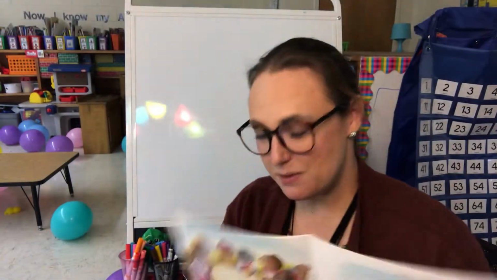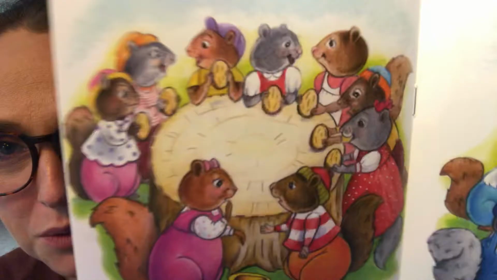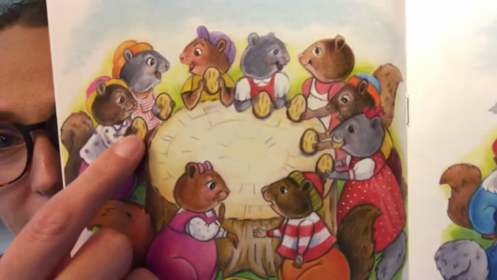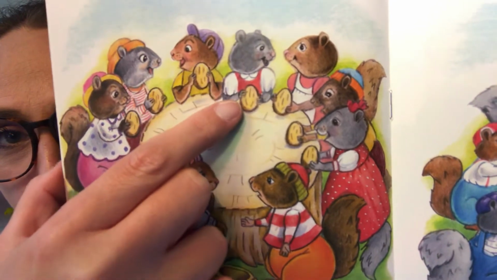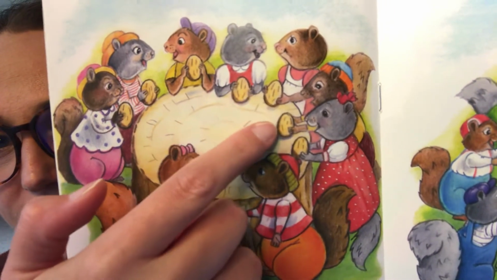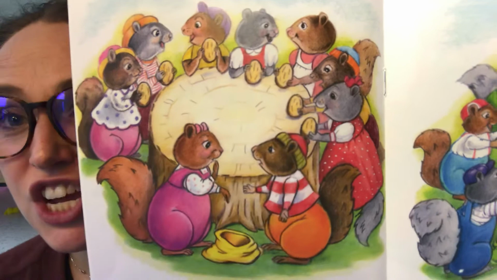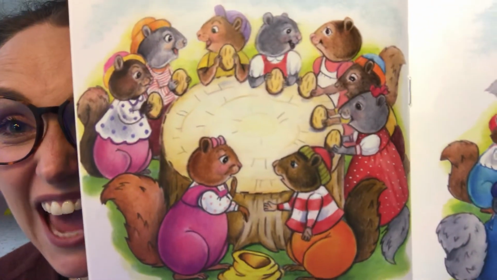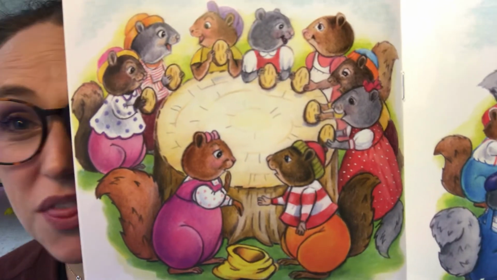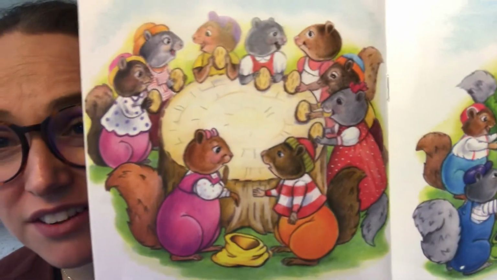All right, Miss BJ is going to help you count the nuts that Anna has. Are we ready? Okay, here we go. 1, 2, 3, 4, 5, 6, 7. She has 7 nuts, but remember, she had 8 friends, so that isn't enough.